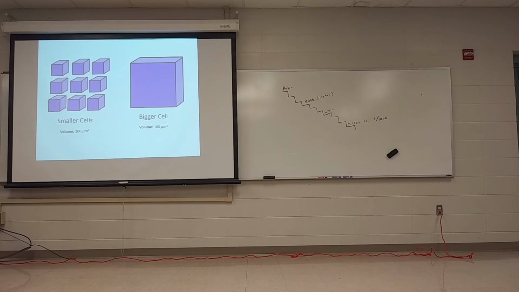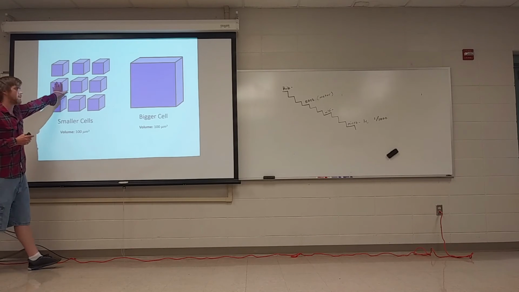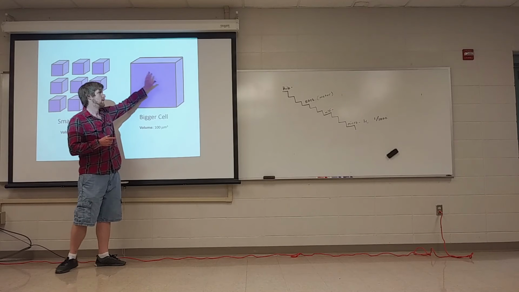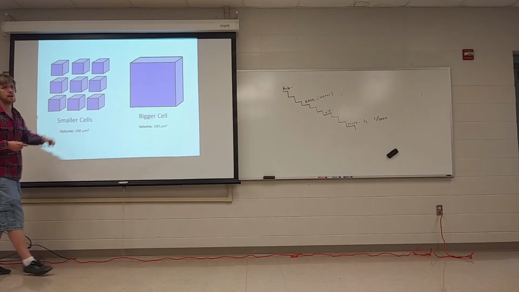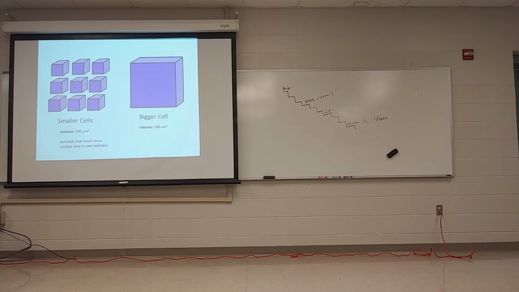That's how much space it occupies. Here's a bunch of smaller cells that take up the same amount of space when put together. The volume is the same. The amount of space they occupy is identical. But what does this side have a lot more of than this side? The answer is surface area.